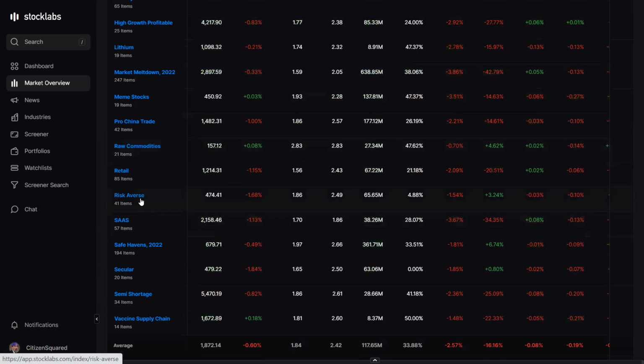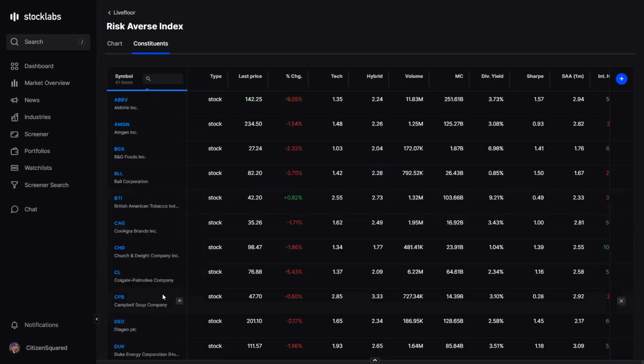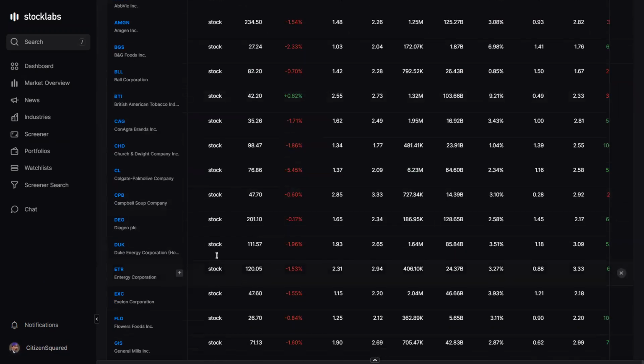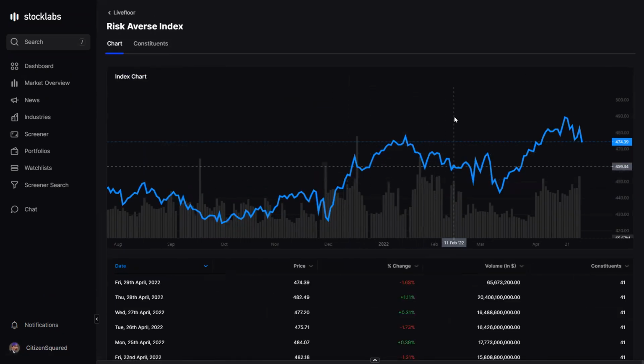Like this Risk-Averse Index, clicking on any one of them, you see the stocks that are in it. These are stocks that would generally do better when the market is risk off, which the market has been for a while. You can see that as choppy as the Nasdaq has been over the last month or so, this index has done pretty well.